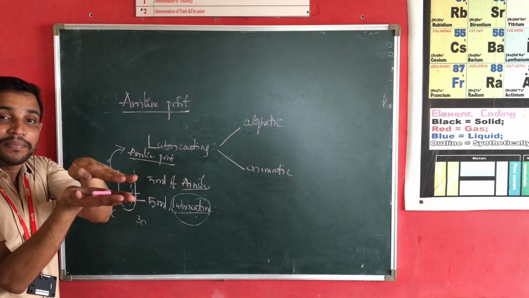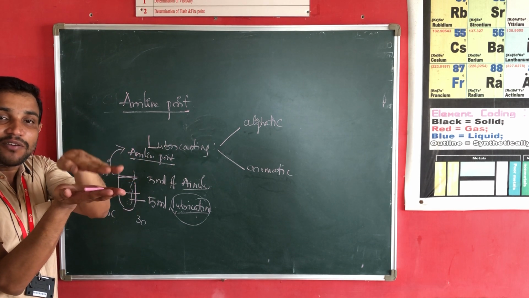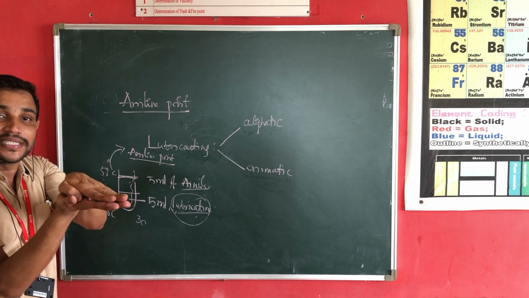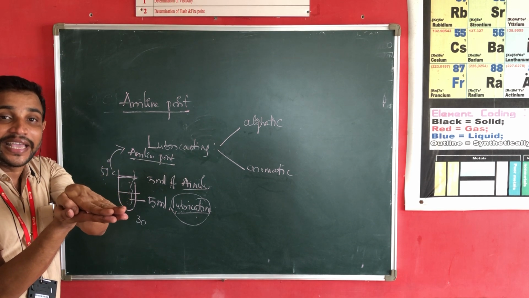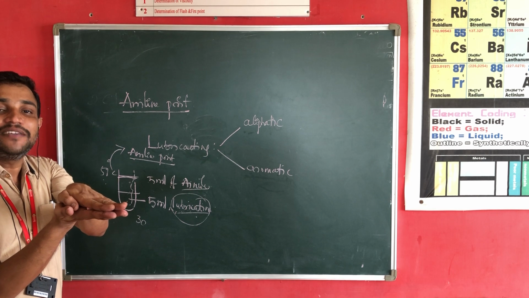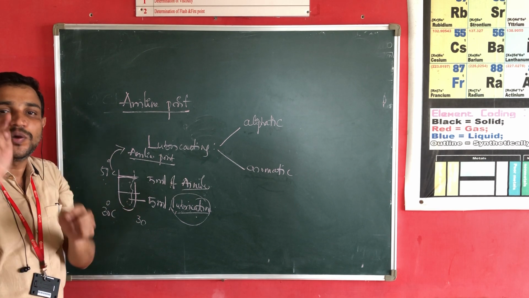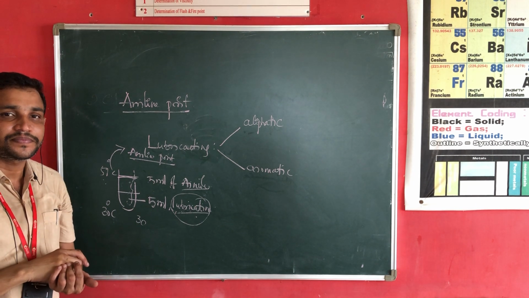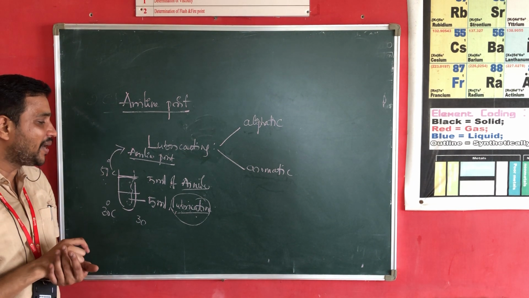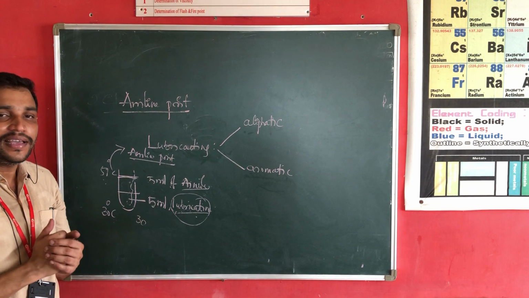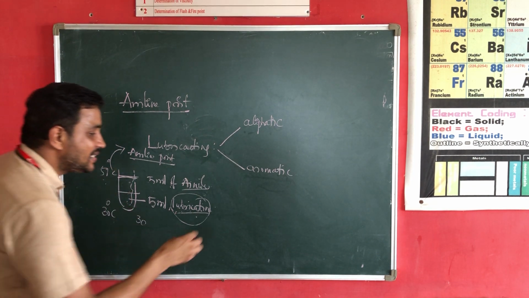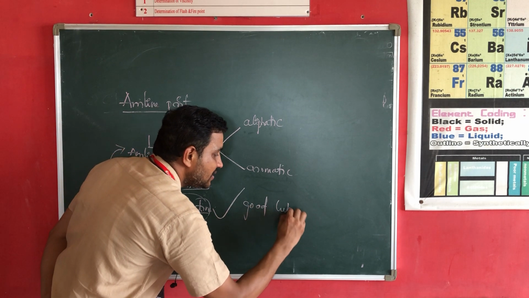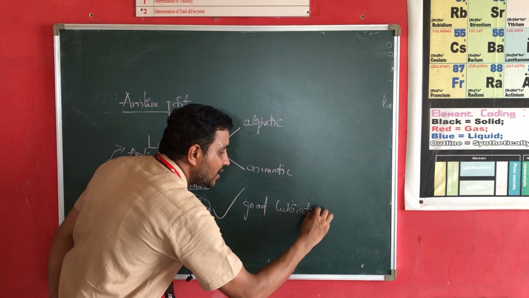When the temperature required to make equal quantities of aniline and lubricating oil miscible is high, that means the lubricating oil is containing aliphatic hydrocarbons. When the lubricating oil is containing aliphatic hydrocarbons, that is good lubricating oil.